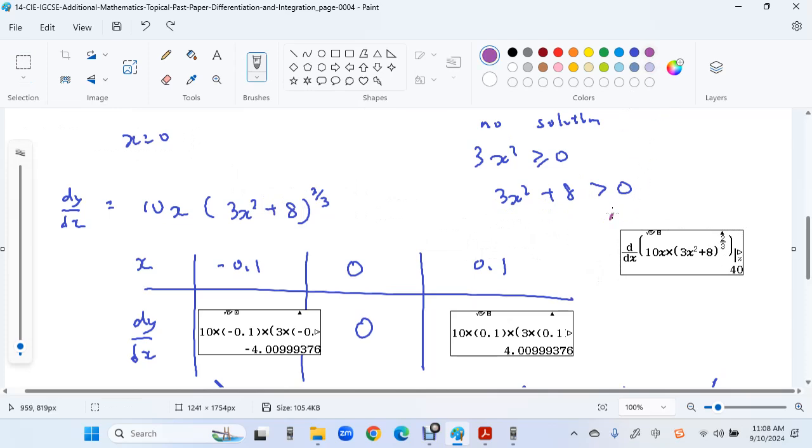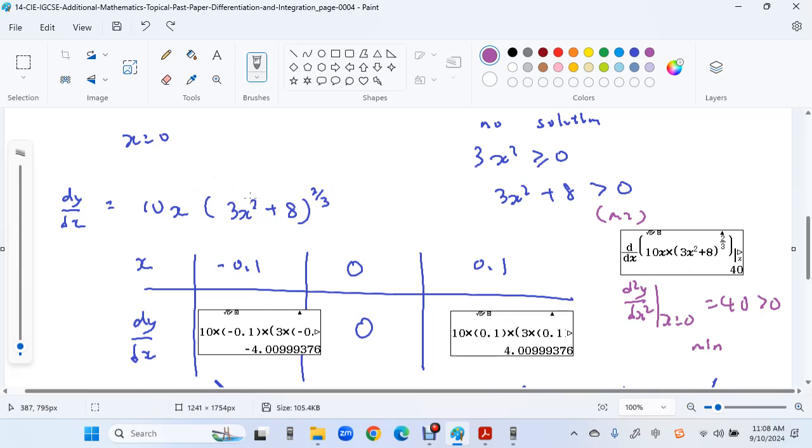So the second method is you find the second derivative. So d2y/dx squared when x equals 0 equals 40, and this is greater than 0, so it is a minimum. Okay, so I use a calculator to find the second derivative value. It is very easy. But for you, you have to do this.